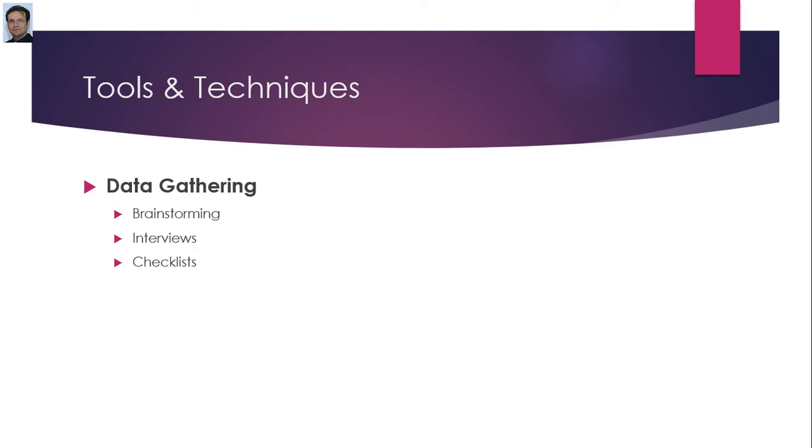Ideas are generated under the guidance of the facilitator, and the project manager is normally the facilitator, either in free-form brainstorm sessions or ones that use more structured techniques. Next are checklists and interviews. Individual project risks or sources of overall project risk can be identified by interviewing experienced project participants, stakeholders, and subject matter experts.